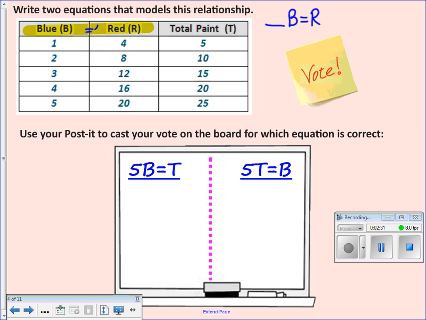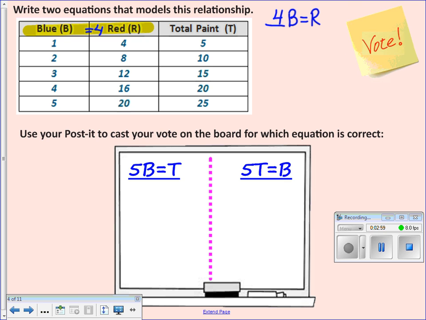Blue, how do I get it to equal red? Everybody? By 4. So blue times 4 equals red. But we're not going to write it that way. 4 blue equals red. If you want to write that on the side, you can. Should we do that in equations? So that's what we're writing, equations for the different relationships.